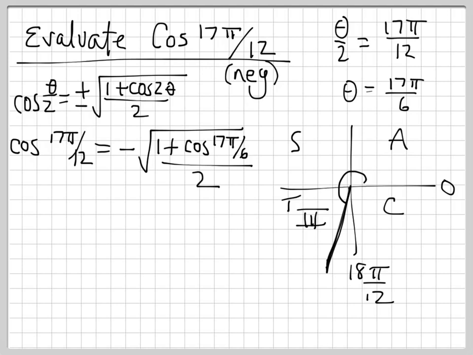Now, where is 17 pi over 6? Well, we have 6 pi over 6. We have 12 pi over 6. We have 18 pi over 6. So 17 pi over 6 is right here.